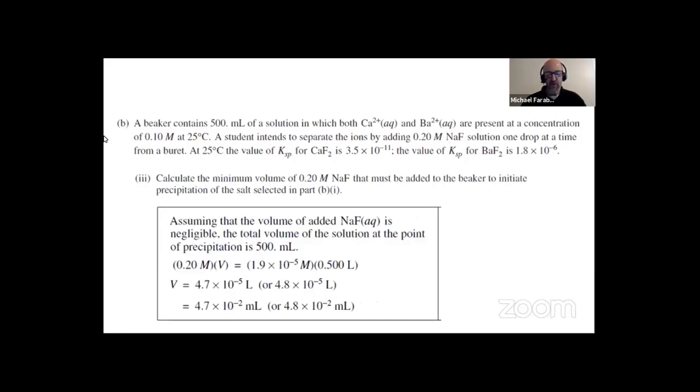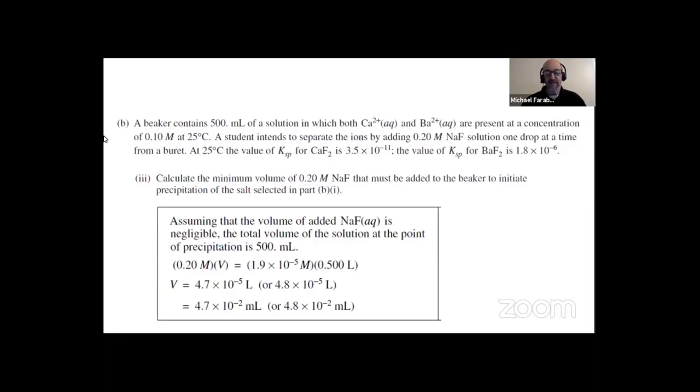So 0.2 molar, which is the sodium fluoride, times some volume we don't know yet, equals the 1.9 times 10 to the minus 5 molarity, which is the concentration of the fluoride needed, times the volume of the solution, the 0.5 liters or 500 milliliters. As you can see, they got 0.047 or 0.048 milliliters.